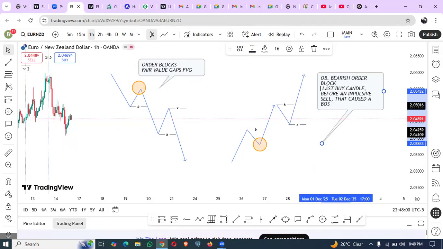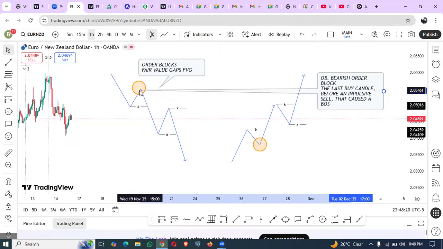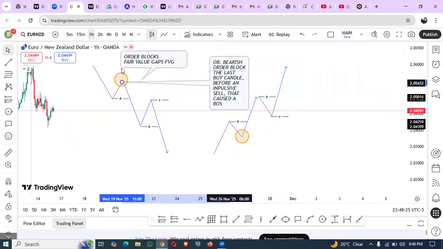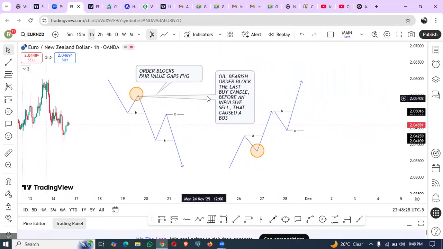That's the last buy candle before an impulsive sell that caused a breakup structure. So once you've seen this, the last two, three candles formed here that are impulsive cause the break of structure.